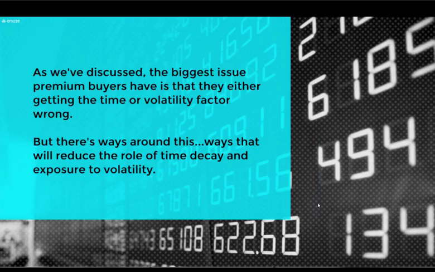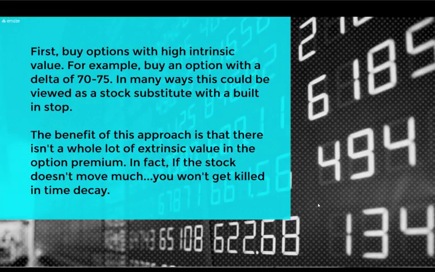As we discussed, the biggest issue premium buyers that buy options, puts and calls, have is that they are either getting the time or volatility factor wrong. But there's a way around this that will reduce the role of time decay and exposure to volatility. First, buy options with a high intrinsic value.